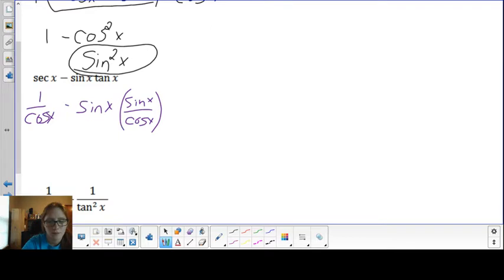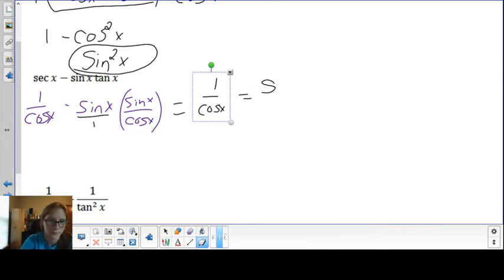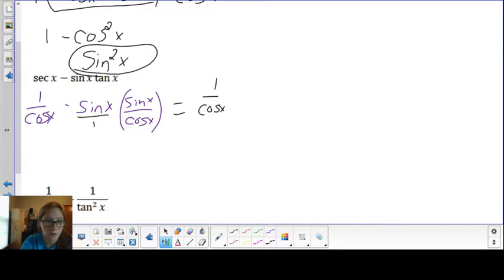Well, if you notice, there's an invisible 1 here, and I'm multiplying fractions, so I get 1 over cosine minus sine times sine is sine squared, just like x times x is x squared. 1 times cosine is cosine.